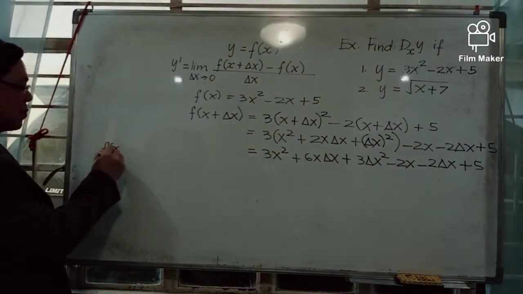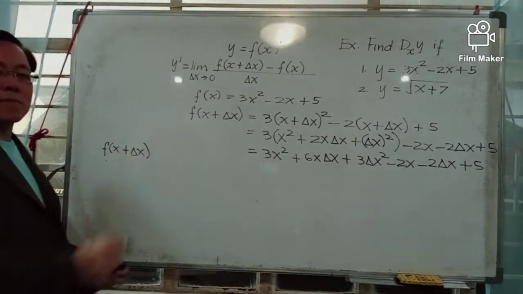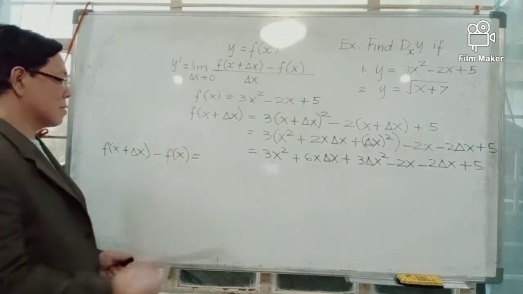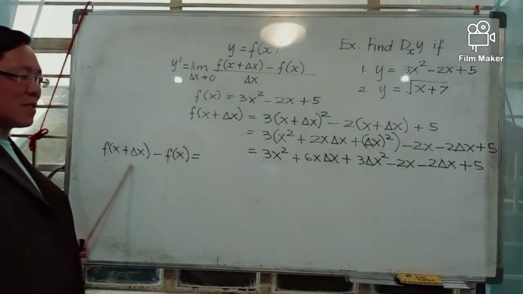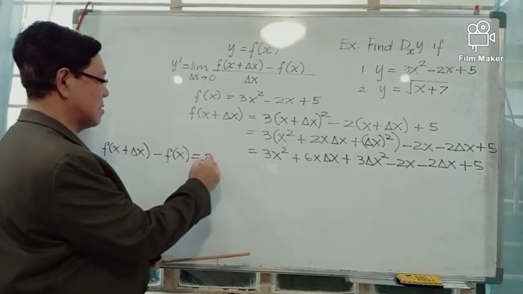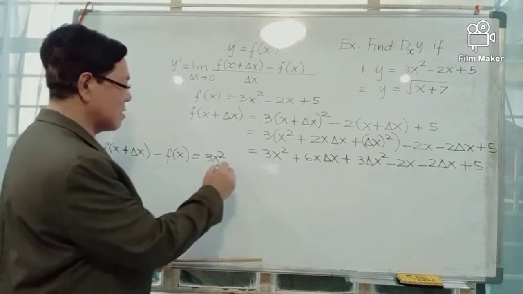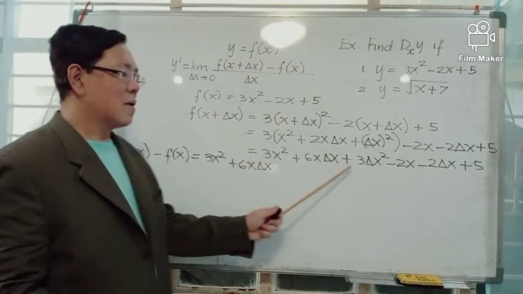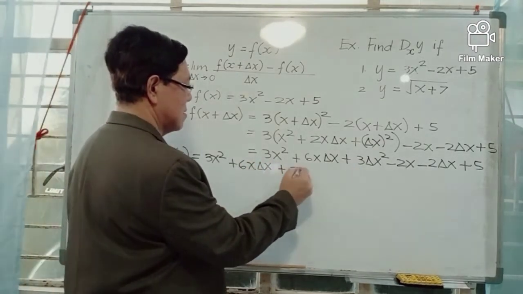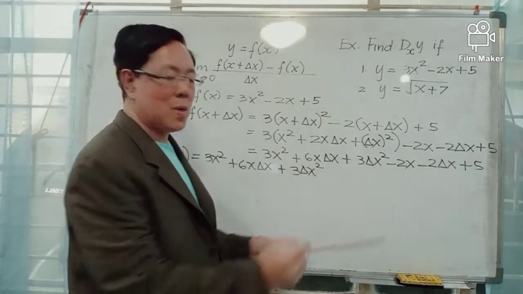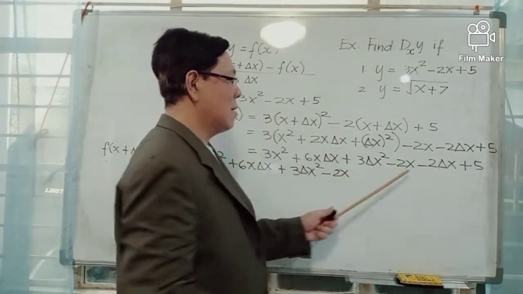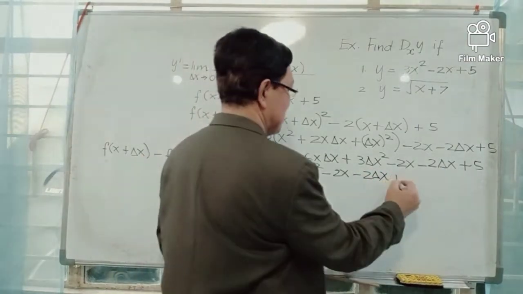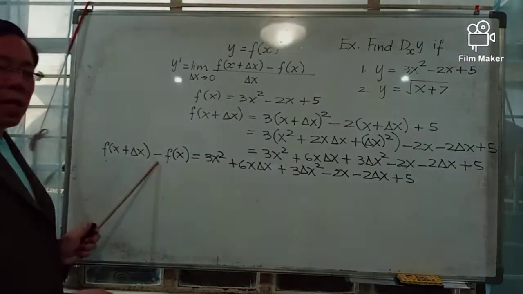We write f of x plus delta x minus f of x equals, we substitute the value of f of x plus delta x, which is 3x squared plus 6x delta x, 6x multiplied by delta x, plus 3 delta x squared, minus 2x, minus 2 delta x, and plus 5, minus f of x.